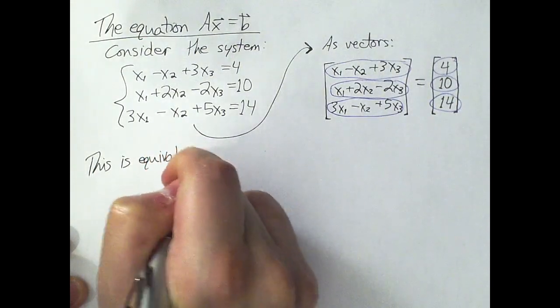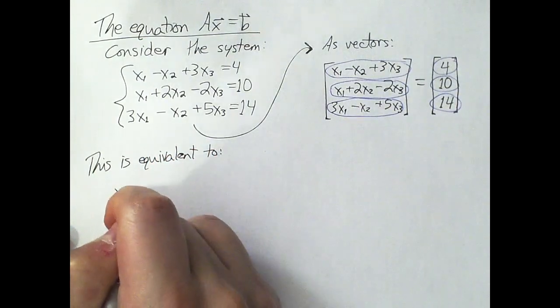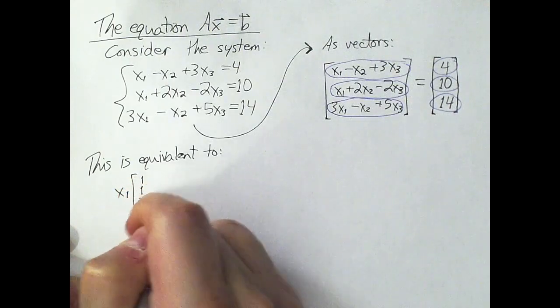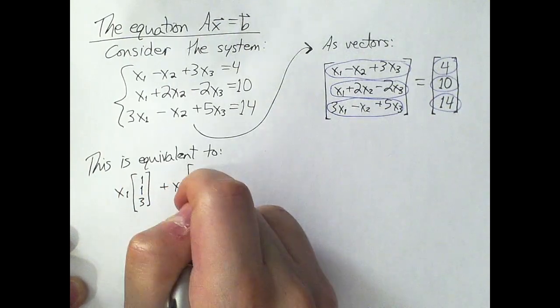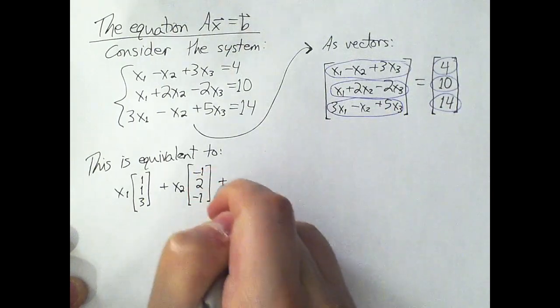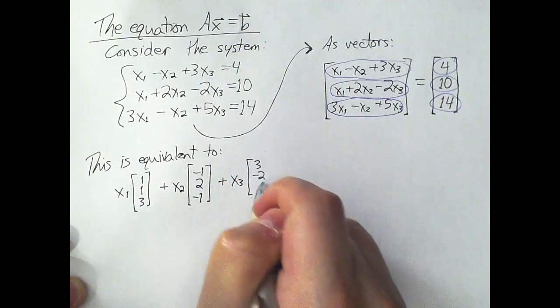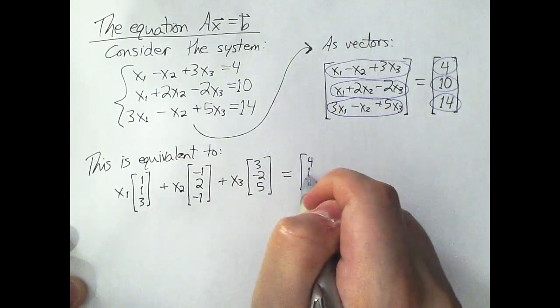This is equivalent to, watch this, x1 times (1, 1, 3), plus x2 times (-1, 2, -1), plus x3 times (3, -2, 5), equals (4, 10, 14).